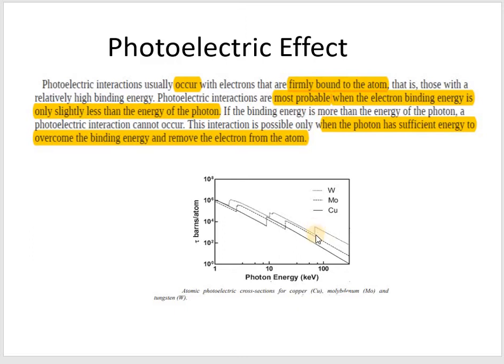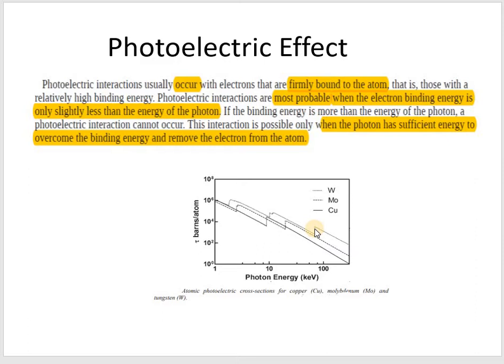If you look into tungsten, the discontinuity occurs at 69.5 keV. That is the exact value, and this represents the K shell binding energy.